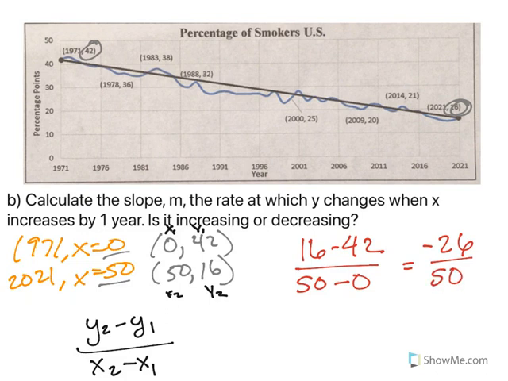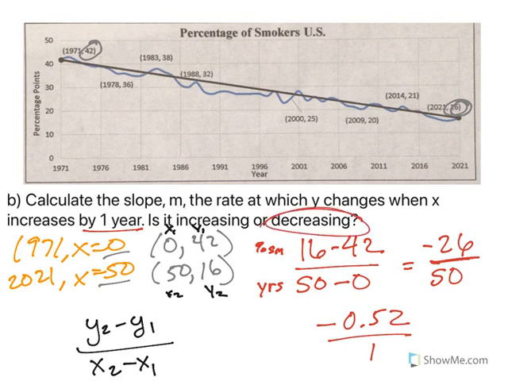If you want that per 1 year, because the X's are years and the Y's represent the percentage of smokers, we divide negative 26 by 50, and that gives me a slope of negative 0.52 over 1. So the decrease in the percentage of smokers is 0.52% per year since 1971.